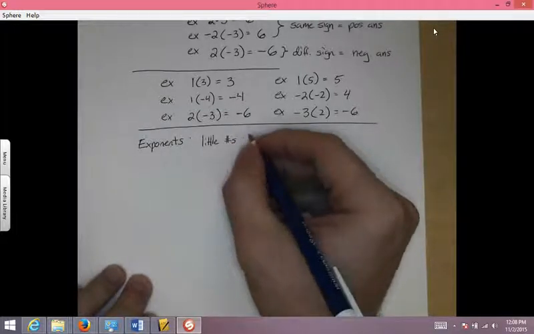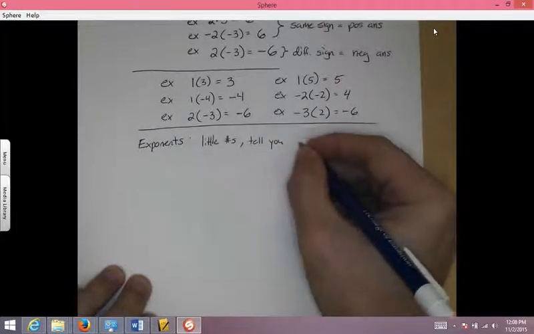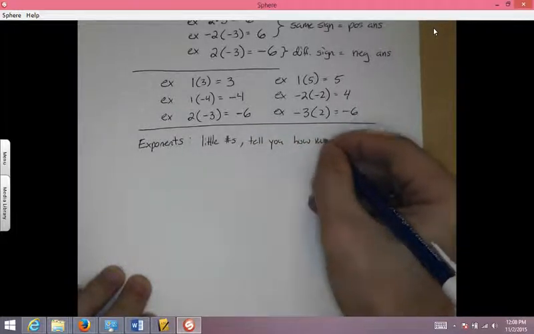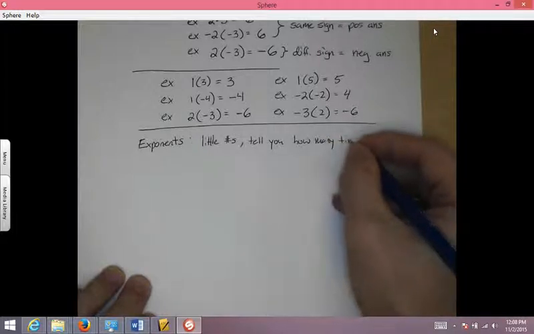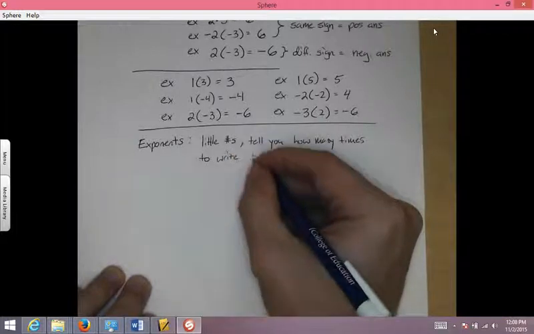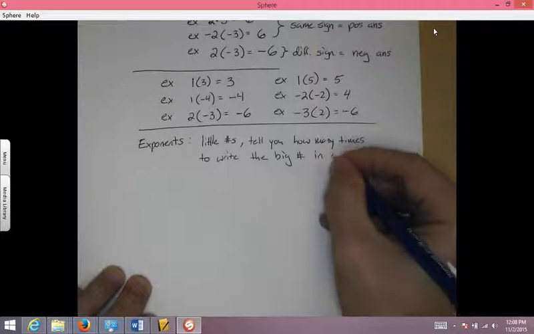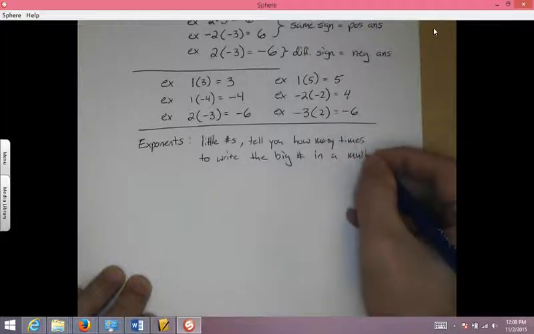And the little numbers tell you how many times to write the big number in a multiplication problem.